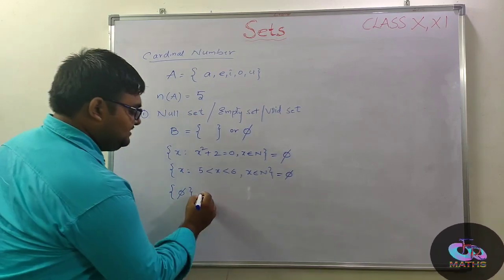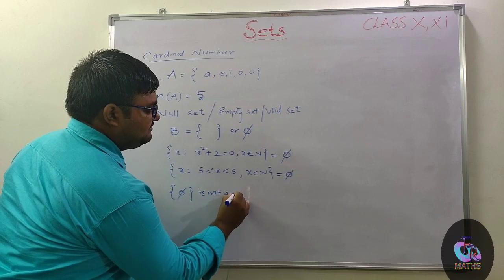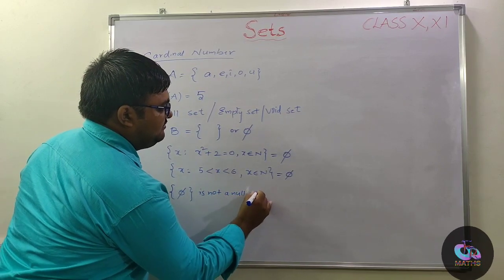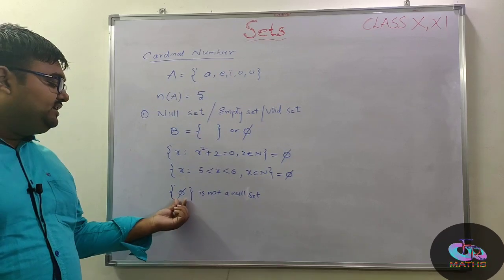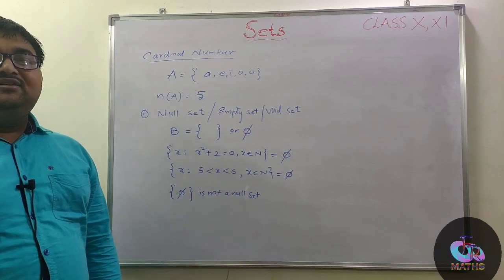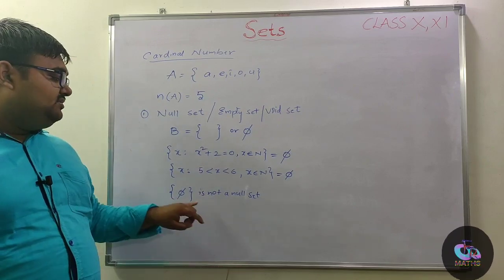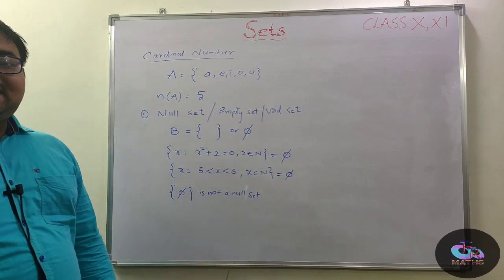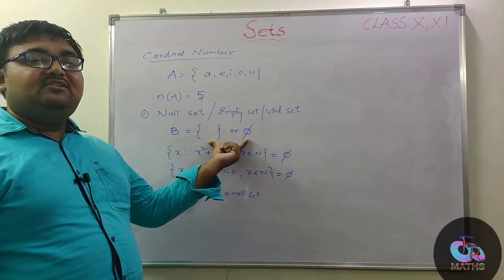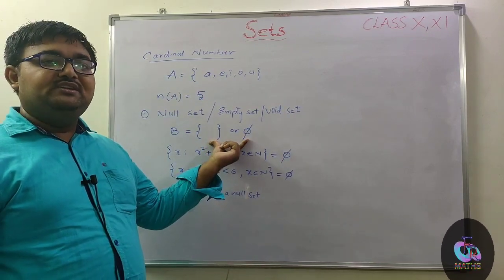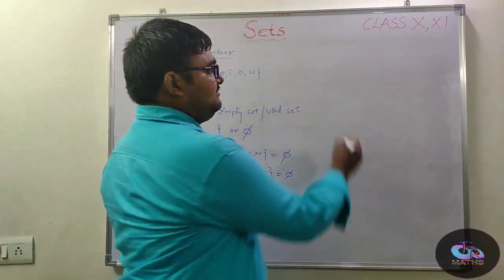It is not a null set, because inside the brackets we have an element named 5. So we should not consider this as a null set. You need to have either of these 2 conditions, then only we say that it is a null set.